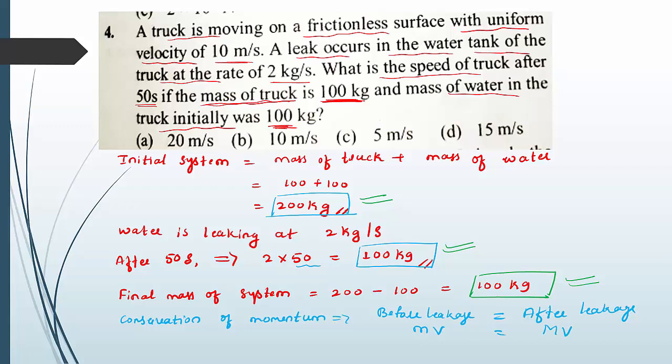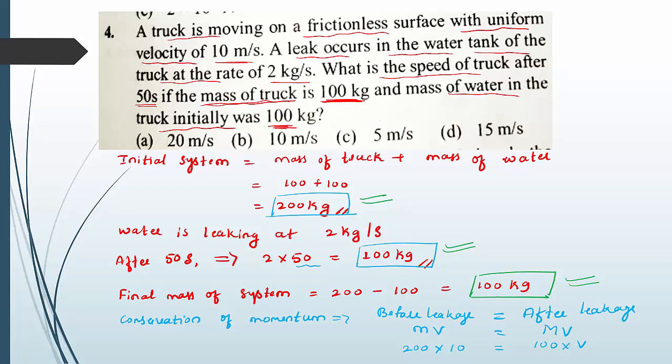Now substitute the values. Linear momentum before leakage: the mass before leakage is how much? Initial value 200. Before leakage, what is the speed, the velocity of the truck? 10 meter per second, is equal to, after leakage, mass becomes 100 into V, keep as it is.